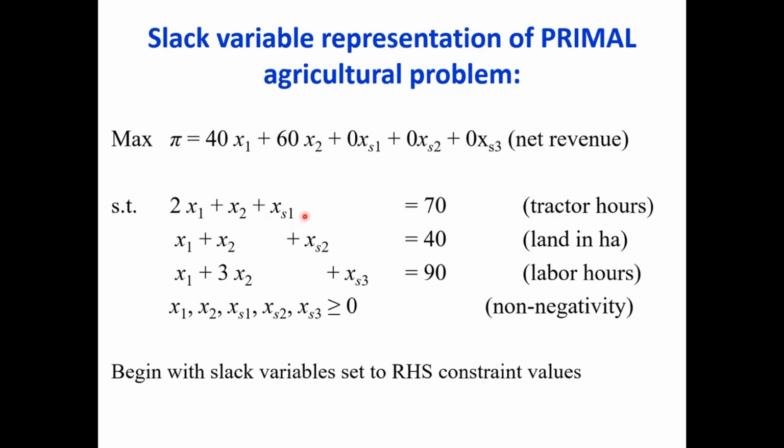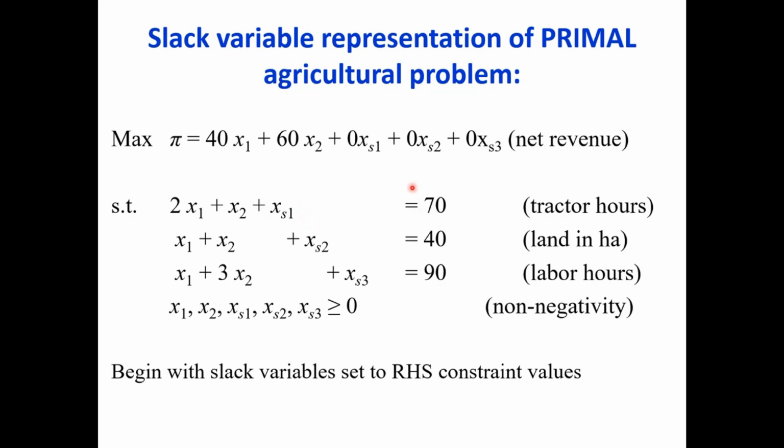So we have a slack variable for tractors, a slack variable for land, and a slack variable for labor hours. If any of these slack variables are positive in the optimal solution, then the associated shadow price for that slack variable is 0. That's because of the complementary slackness condition.